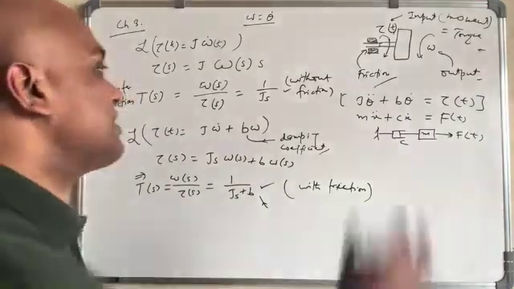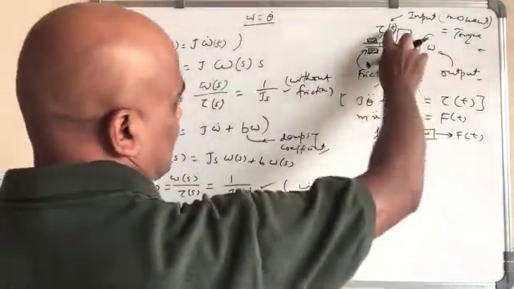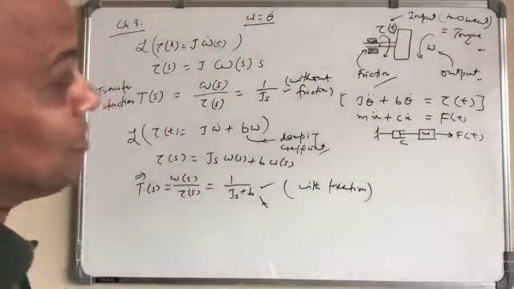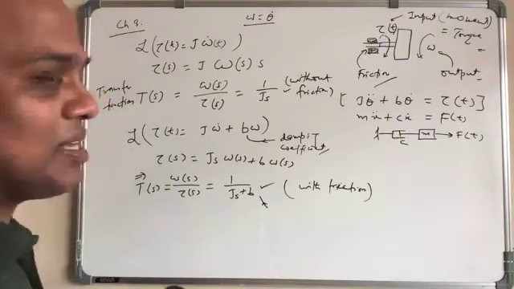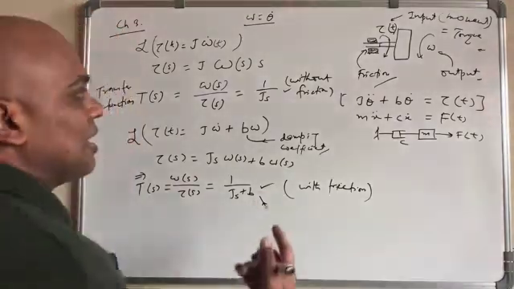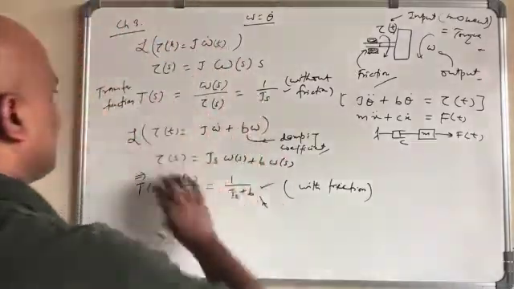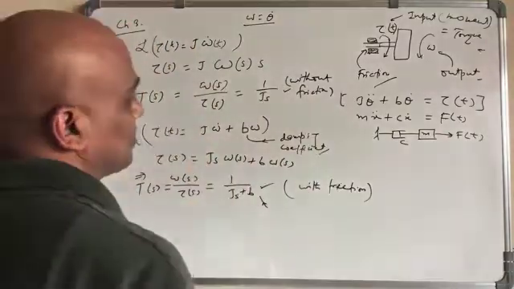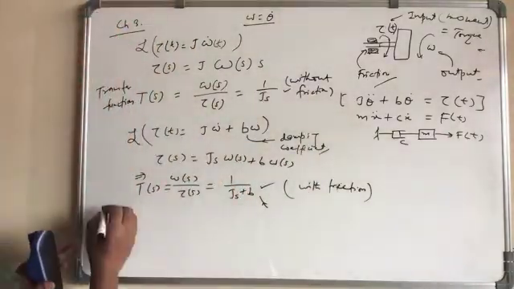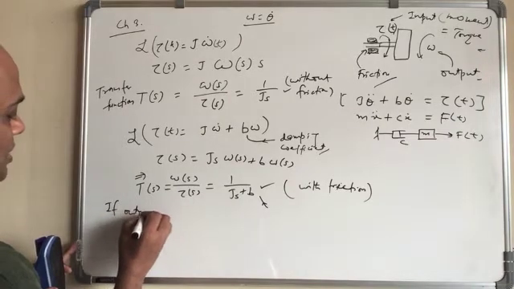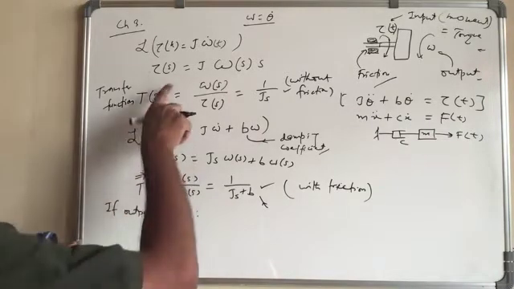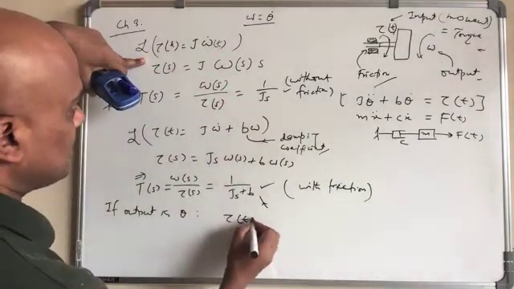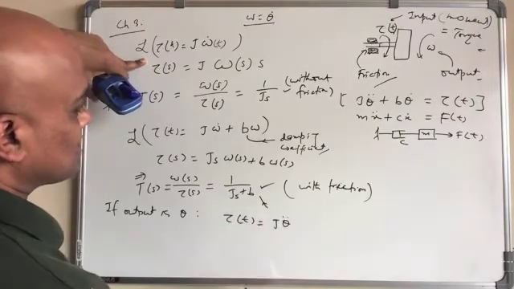Now this is where your input is torque and output is omega. But sometimes the output could be measured in terms of theta as well. So in that case, what will be the transfer function? The equation in that case will be different. If the output is theta, then the equation becomes tau(t) is equal to J theta double dot, right?